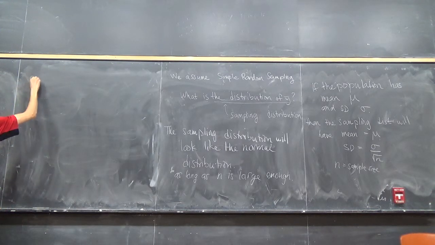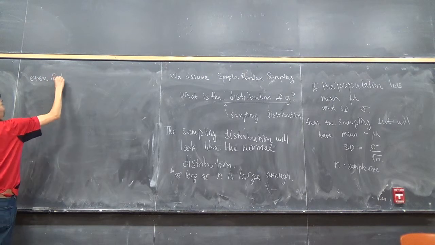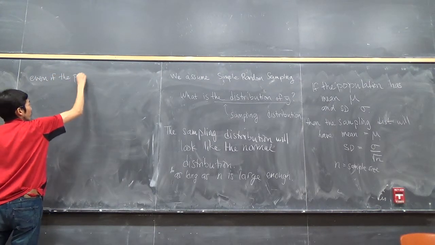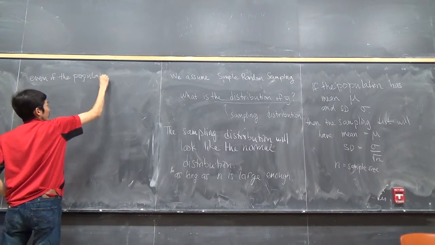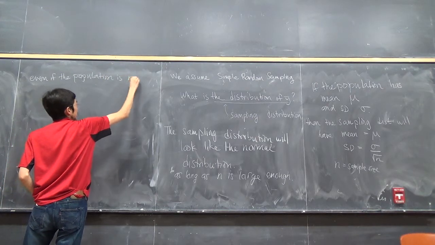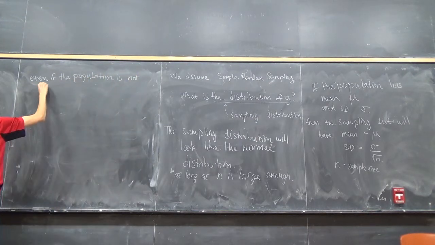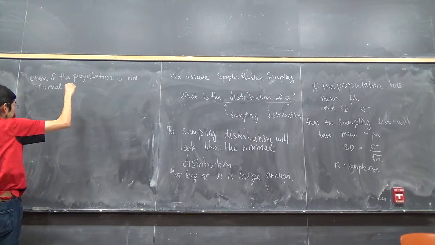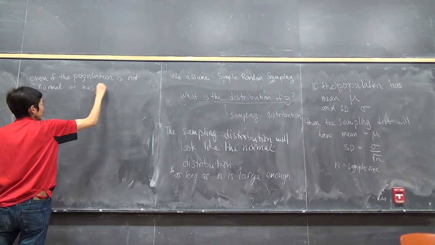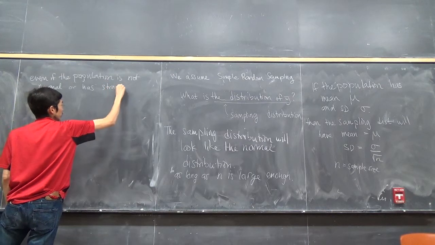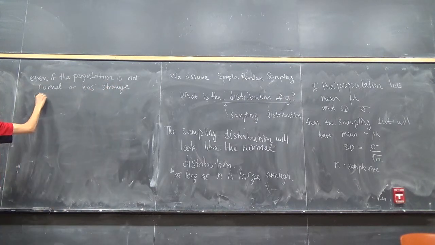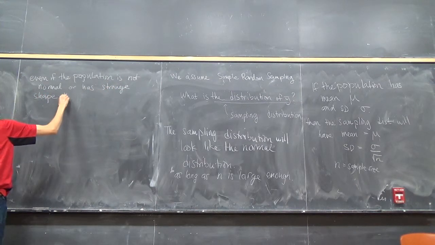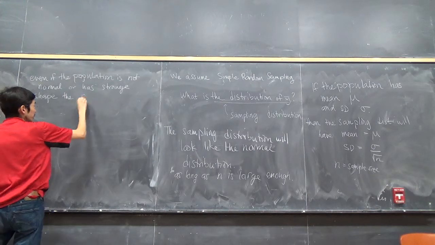So if the population is not normal, or has a weird shape, the sampling distribution will look normal.